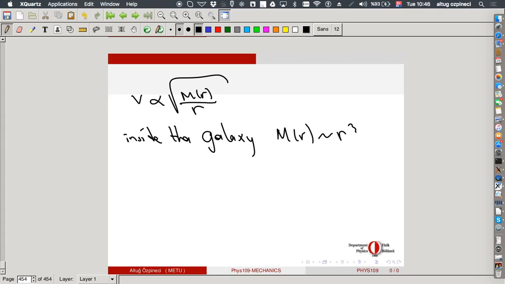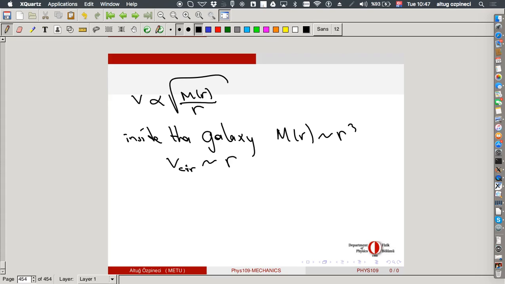Now, of course, there will be deviations from this r cubed behavior, but more or less it will be r cubed. So the speed of the star, the circular speed, should be, well, r cubed over r. It should change with the radius linearly. This is what we would expect naively.